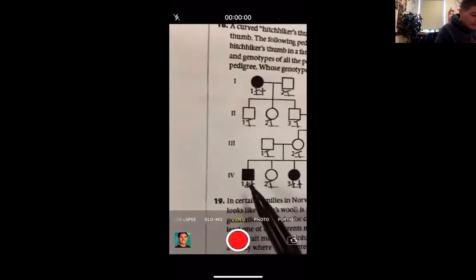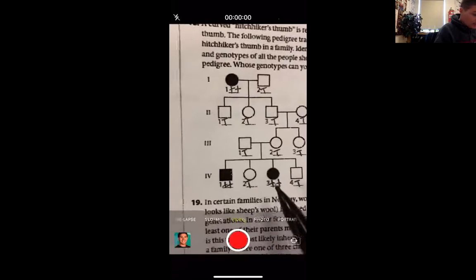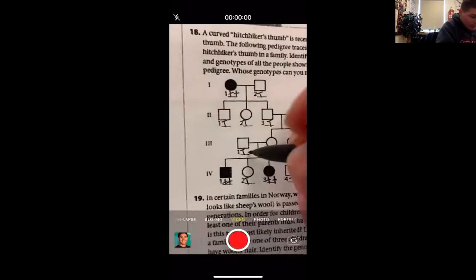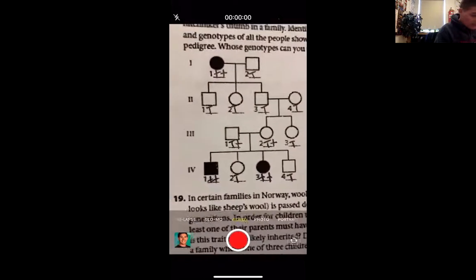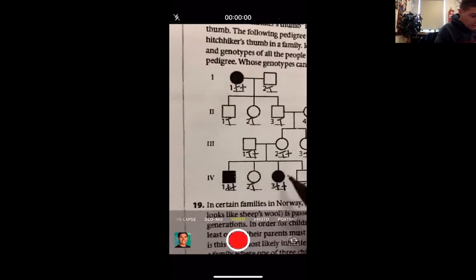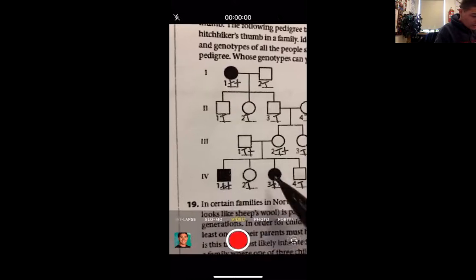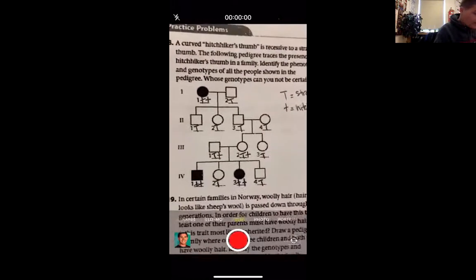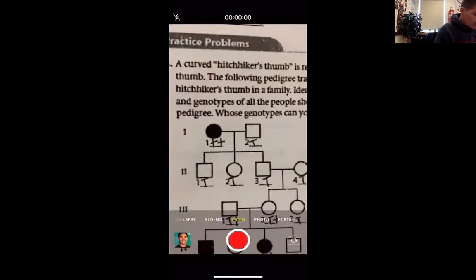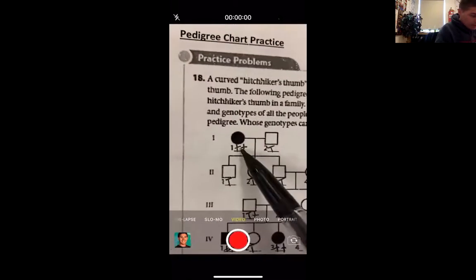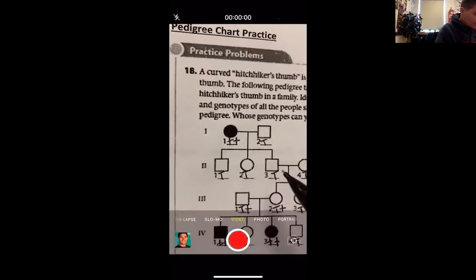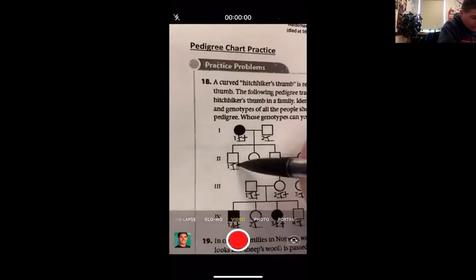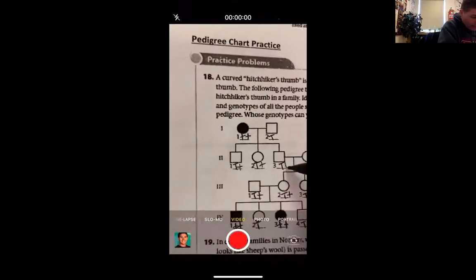Now they have produced 2 affected children, so that means each of the parents needs to be big T little t, or heterozygous, because they donated those little t's to this girl and this boy. I'm going to come up here now. We have a parent who's homozygous recessive. That means all of her children are going to have a little t as well, because she would have given that to her children.